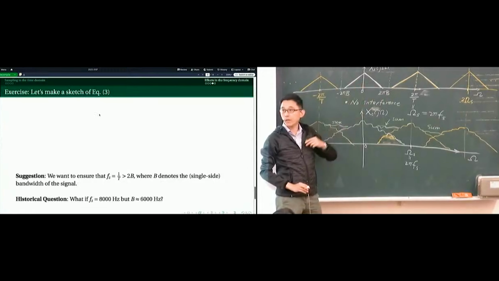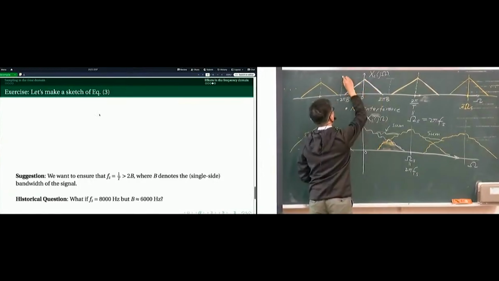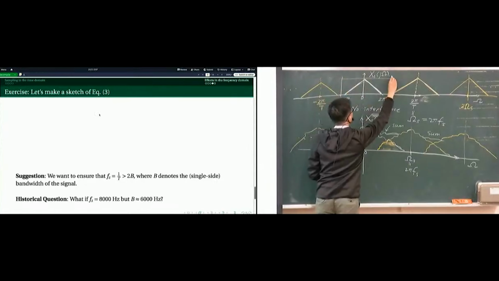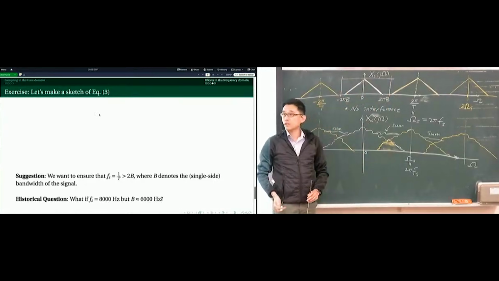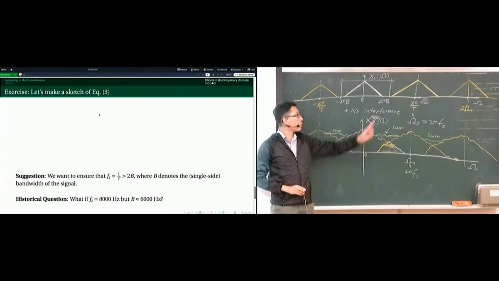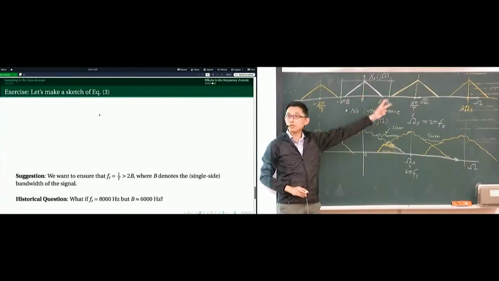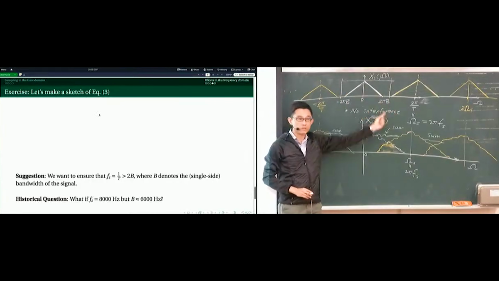Okay, this shape is there by using a low-pass filter, and we come back to that in our next lecture. Okay, so we are in good shape. We are fine. After sampling, there's no overlap between components. Okay, so we can easily get back the middle part by using a low-pass filter.